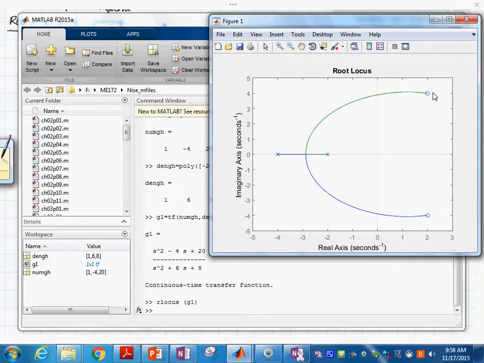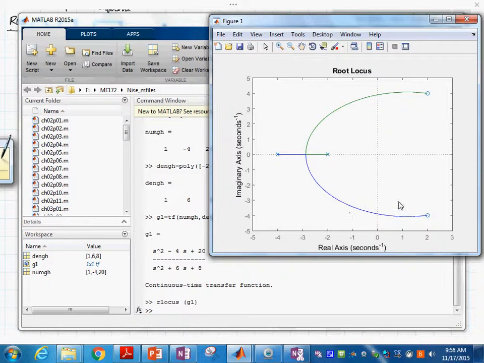But if you change the gain, you change the k, what's going to happen is the zeros are going to come this way, like that, and the poles are going to go this way. See? So you have a simultaneous plotting of where the roots go as a function of the value k.